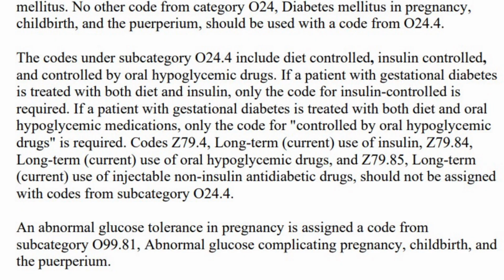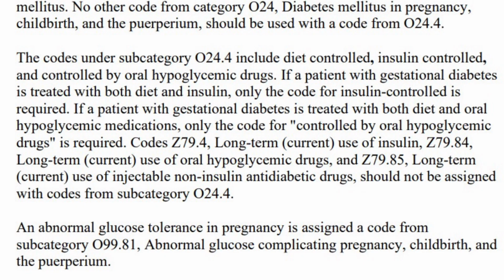So don't assume that because the GTT lab values are abnormal, the patient has gestational diabetes and go with O24.4. No, don't assume that. Unless the treating physician, the consulting physician, establishes the condition or diagnosis, you should not choose the diagnosis.